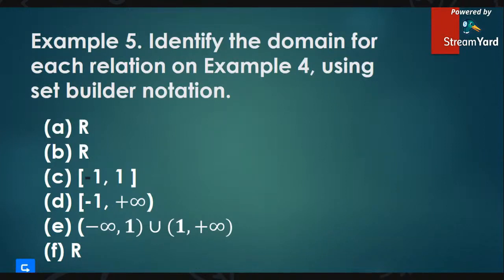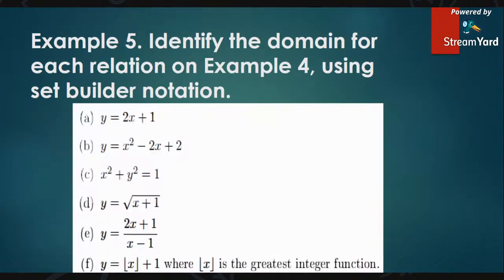Ibig sabihin, from negative 1 to infinity yung sagot. Lahat ng x ay negative 1, 0, 1, 2, 3, 4, 5 hanggang makaabot sa infinity. Pag sinabing infinity, walang hanggan, di ba? Maraming values, yan ang ating example letter D.